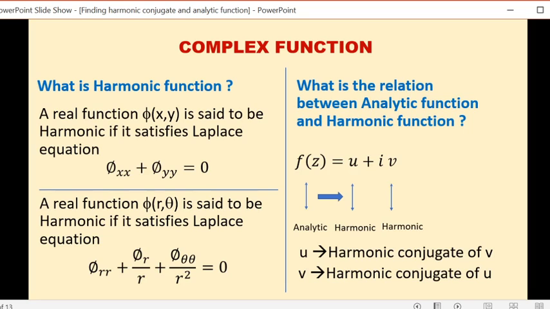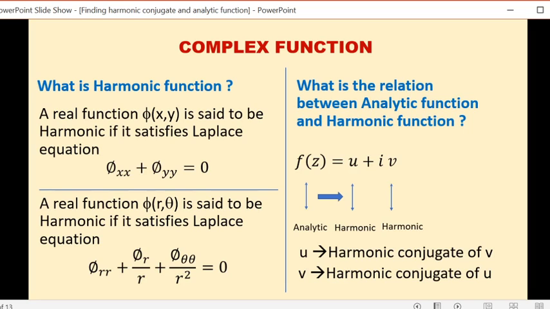No, v is harmonic doesn't mean v has to be a real part. What is the meaning of v is harmonic? The answer is available on the left side of the slide. Yes Jeet, phi xx plus phi yy equal to 0. Jeet, wrong answer.